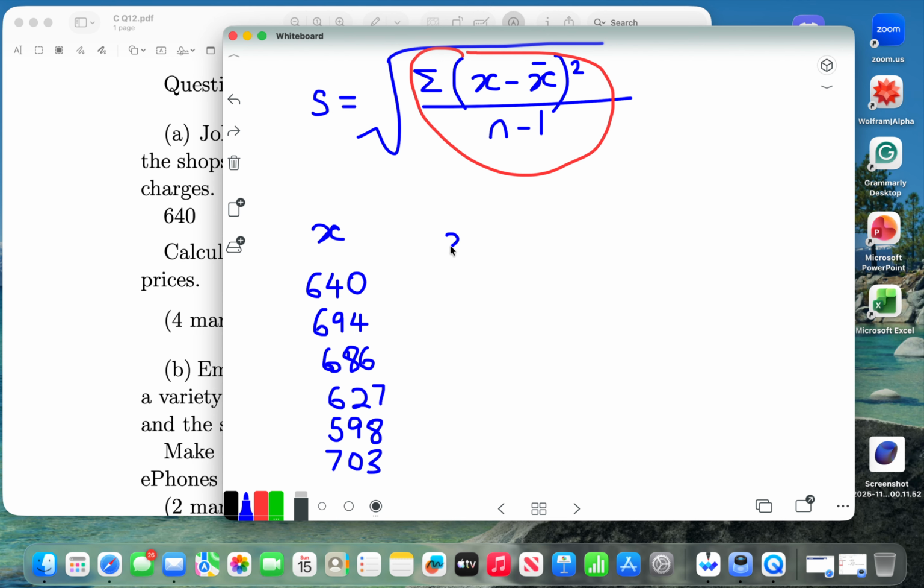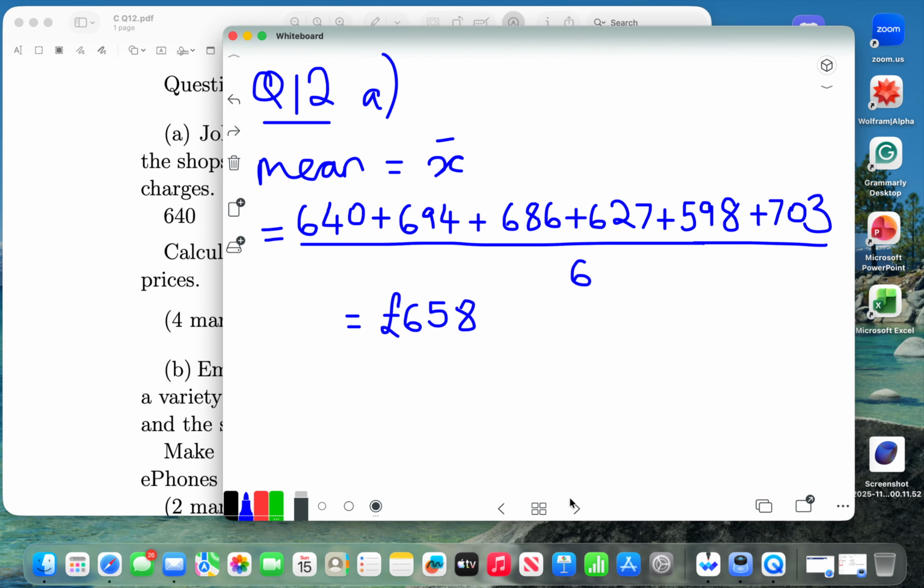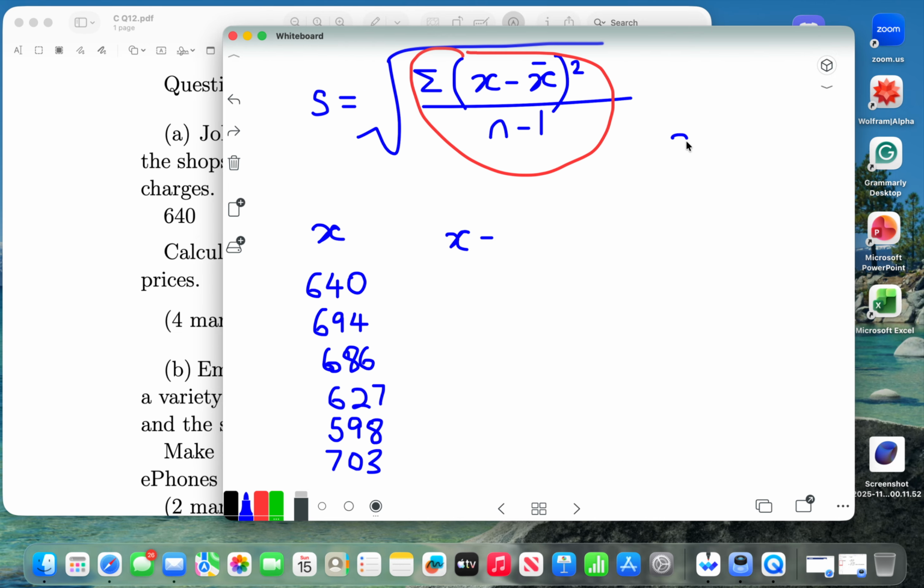So we essentially want x minus 658. I will write down 658 on here so we don't forget.